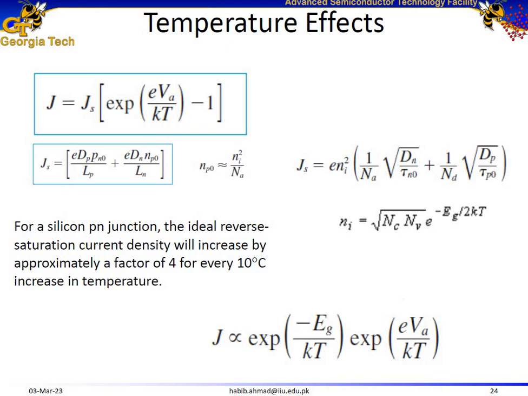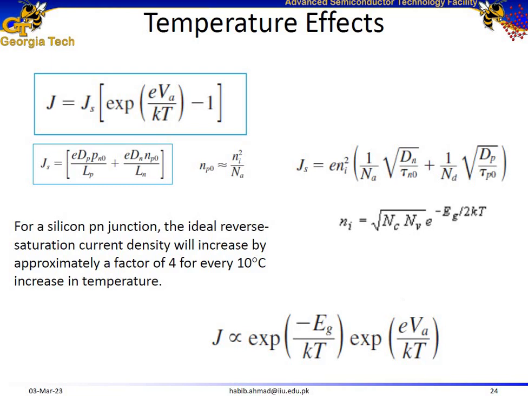If it is 5 picoamps per centimeter square, or instead of current density we can talk about current as well, but anyhow, if it is 5 picoamps per centimeter square at 25 degrees C, what would be the current density at 35 degrees C?